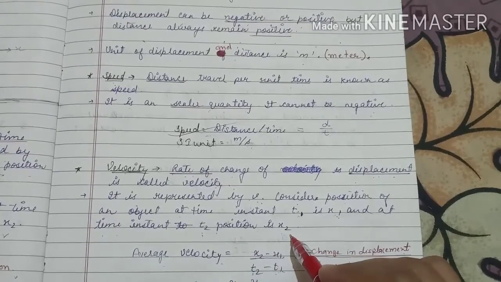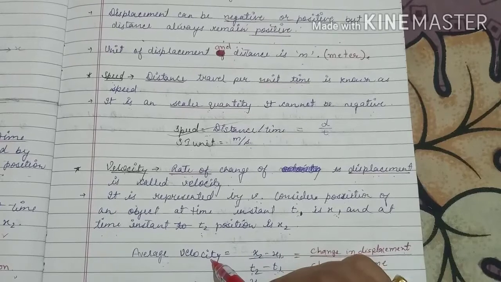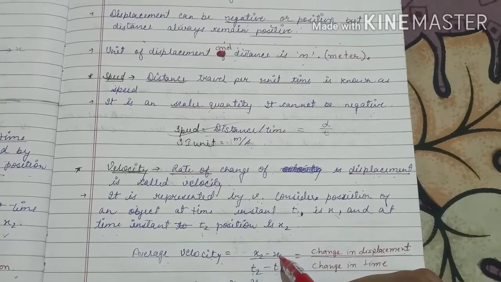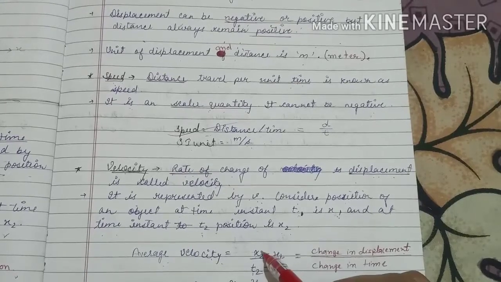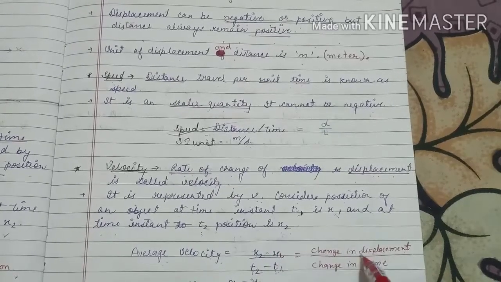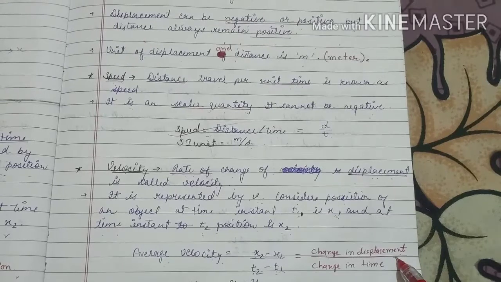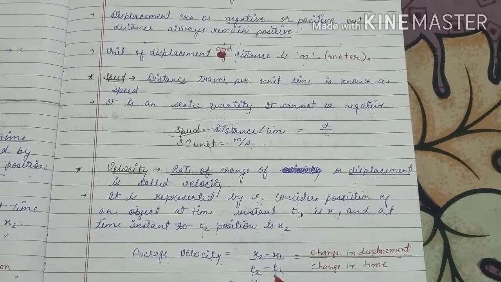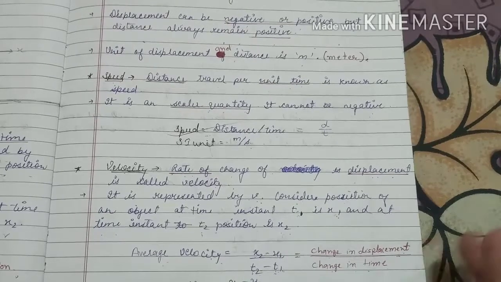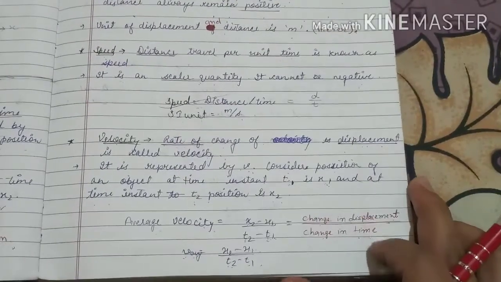Then the formula of average velocity comes out to be x2 minus x1 divided by t2 minus t1. The x2 minus x1 is the change in displacement, or change in position. Then t2 minus t1 is the change in time, or the time interval.